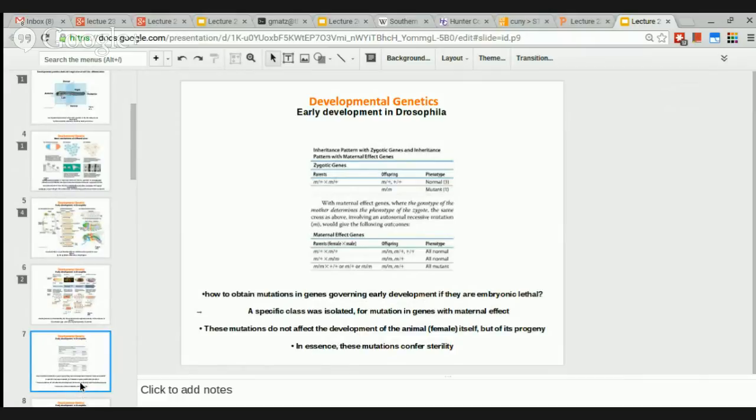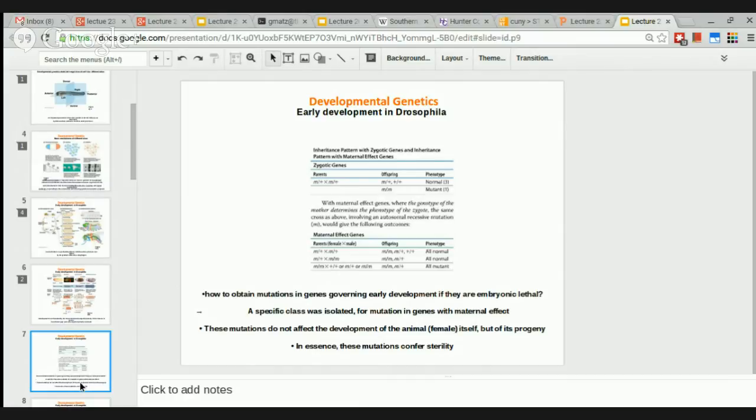And then what do you do? So you see the genetics here? You have to be able to isolate these mutations, and you have to be able to maintain this mutation in a line of flies so that you can clone the gene that corresponds to that mutation. But at the same time, you want mutations that block development.